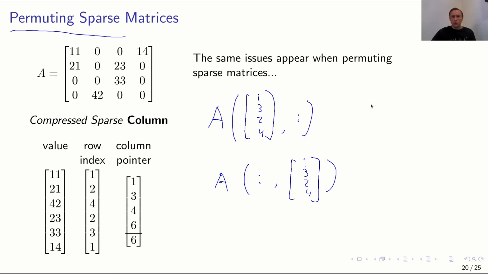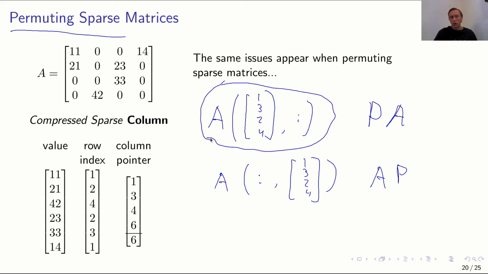There is, of course, the alternative of multiplying your matrix with some permutation matrix. So pre-multiplying it with a permutation matrix to exchange the rows, and post-multiplying it with a permutation matrix to exchange the columns. But in general, this approach is going to be cheaper if you do really want to permute the object, if you do want to exchange rows or columns.